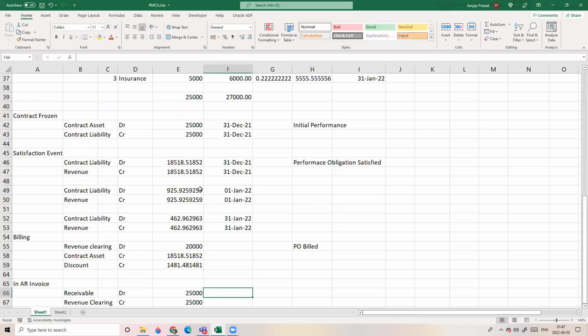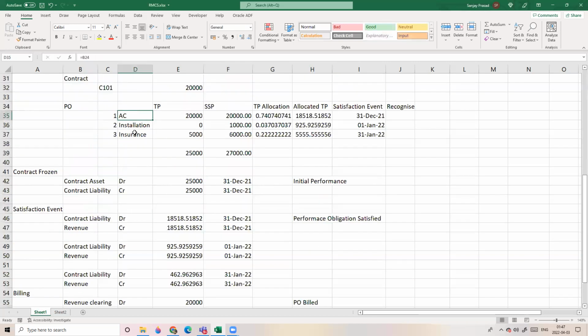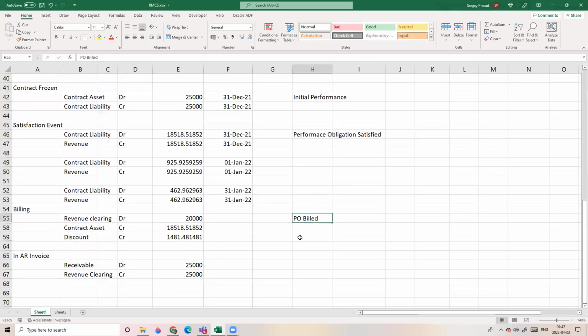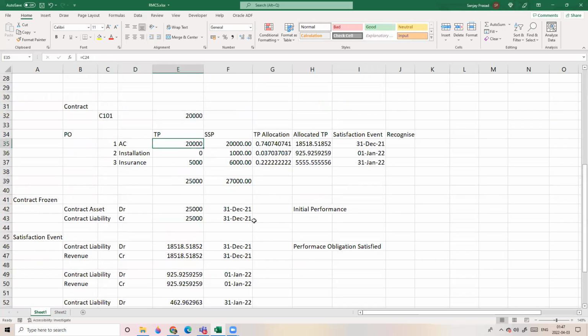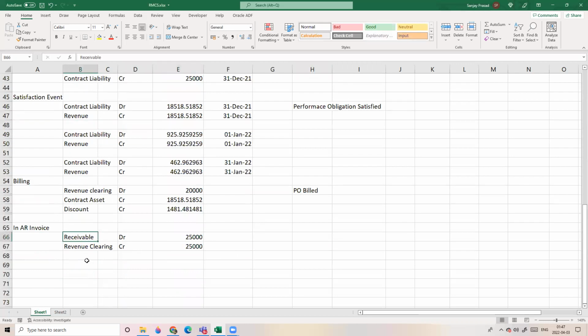So for the AC, air conditioner, for the PO billed event, the accounting entry will be like this.